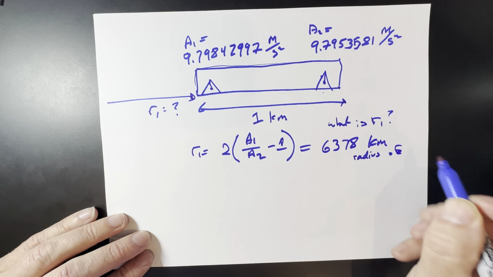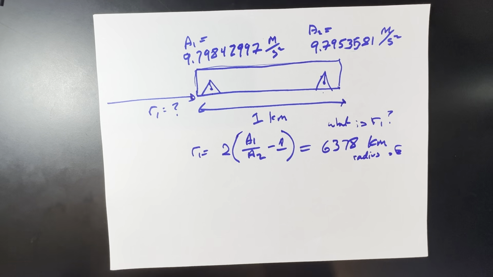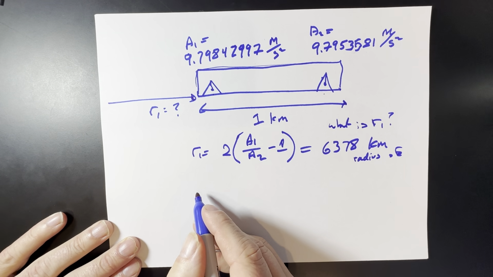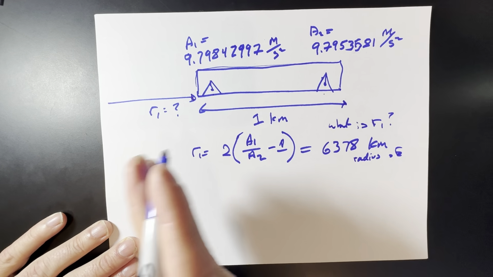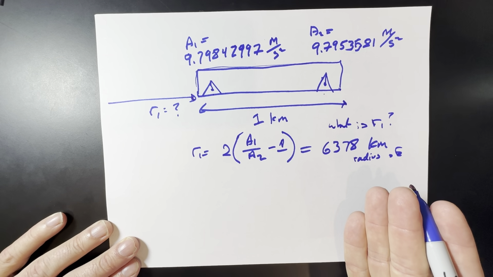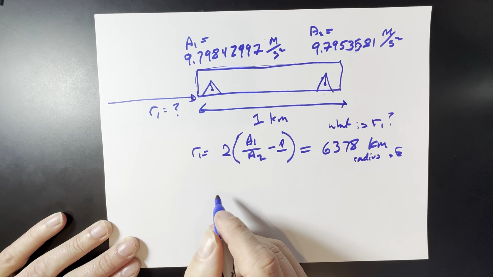Of Earth, okay? Anyways, let's say you had a planet that was 10 times the mass of Earth and 3.3 times the radius, and you would get these numbers.